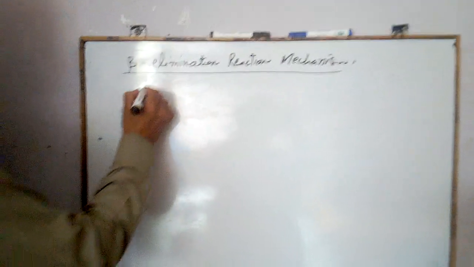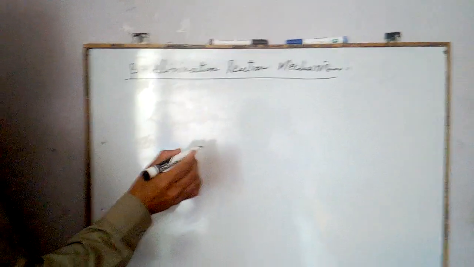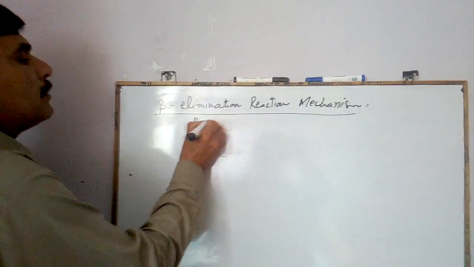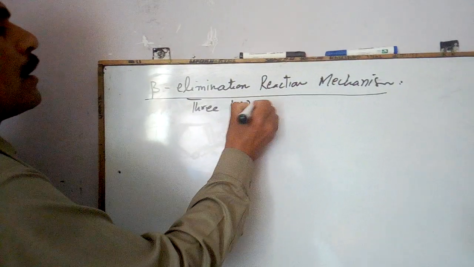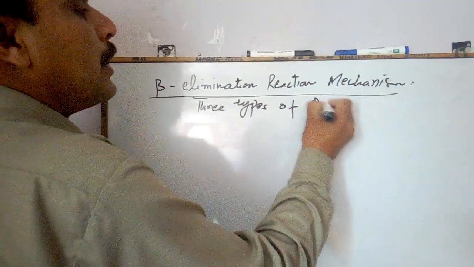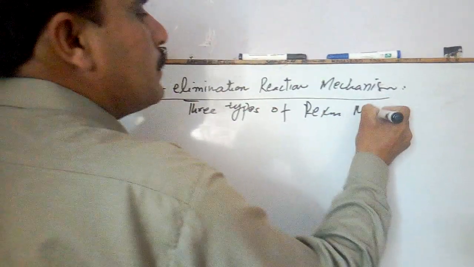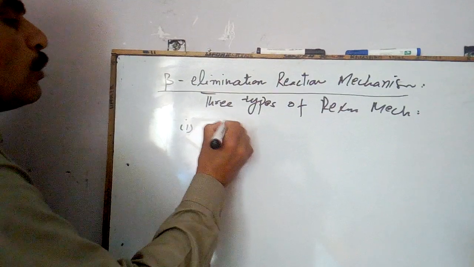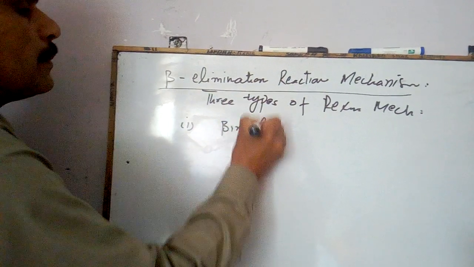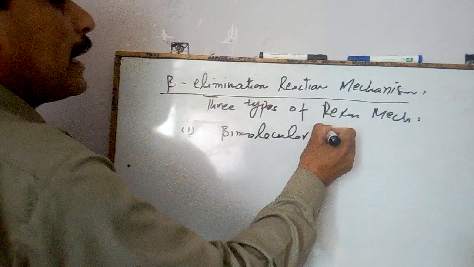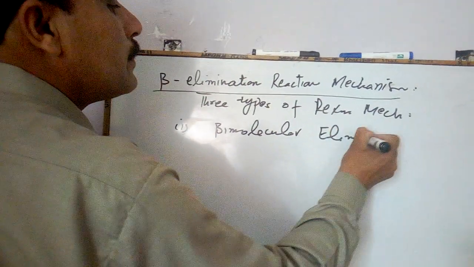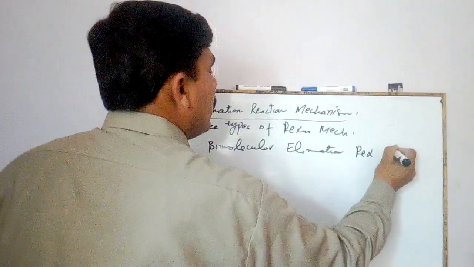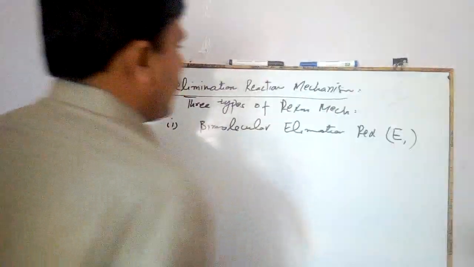There are three types of reaction mechanisms for the beta elimination reactions. The first is the bimolecular elimination reaction, or E2 reaction mechanism.